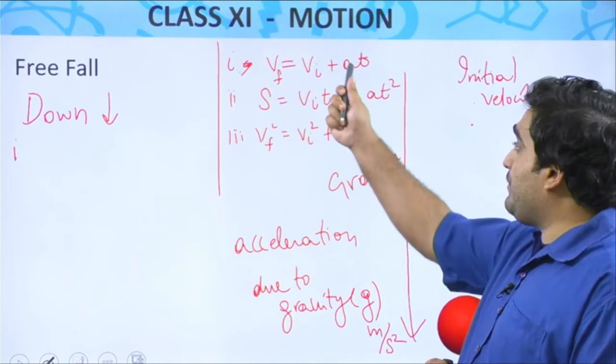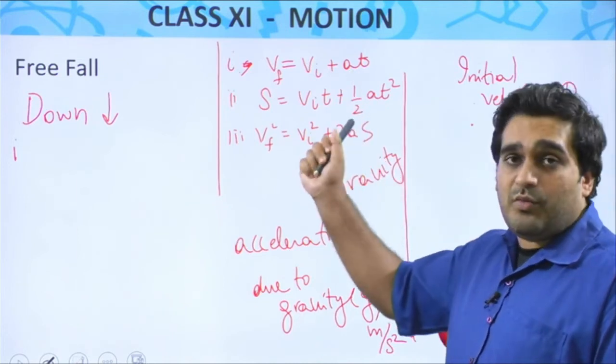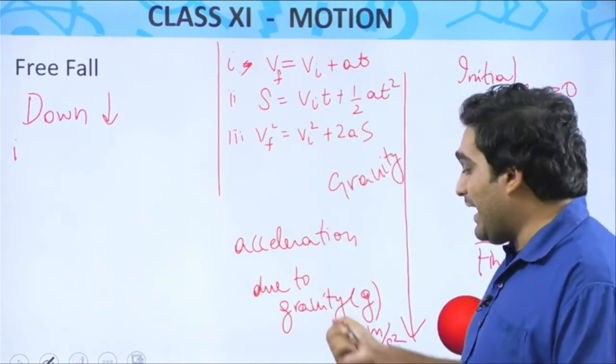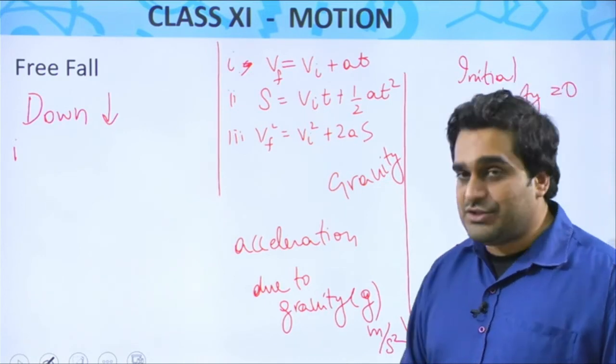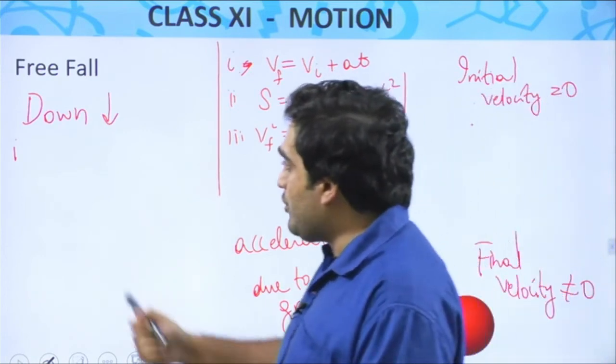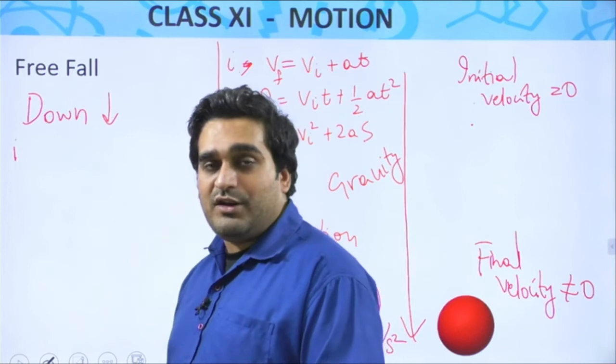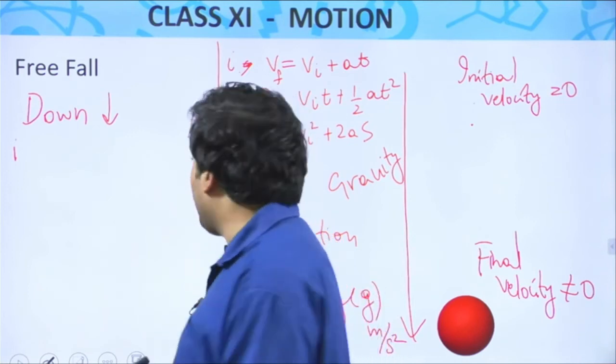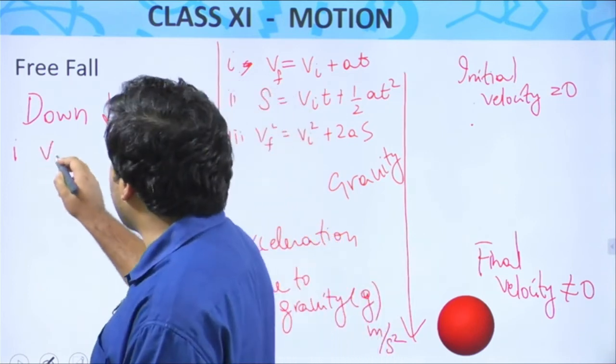Now in place of A, what will I substitute it with? Acceleration due to gravity, g. For objects that are falling down, the acceleration due to gravity g has to be substituted.